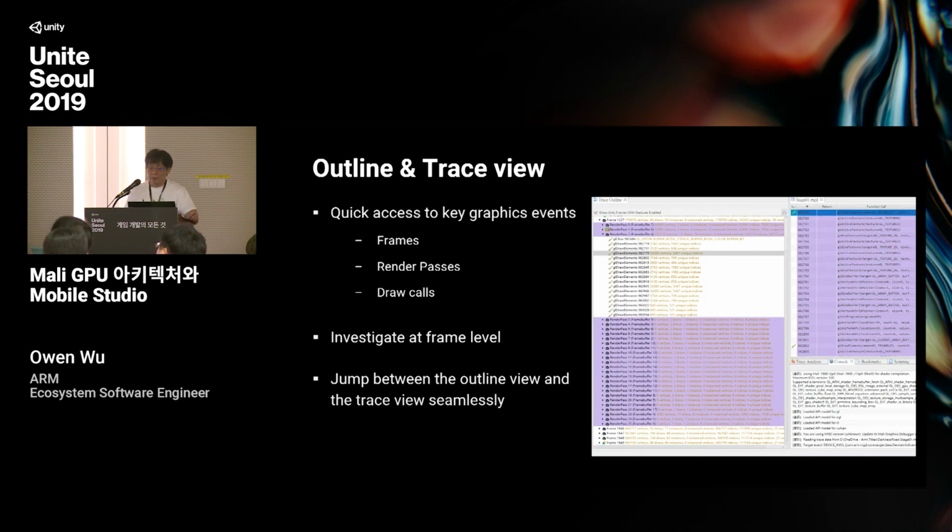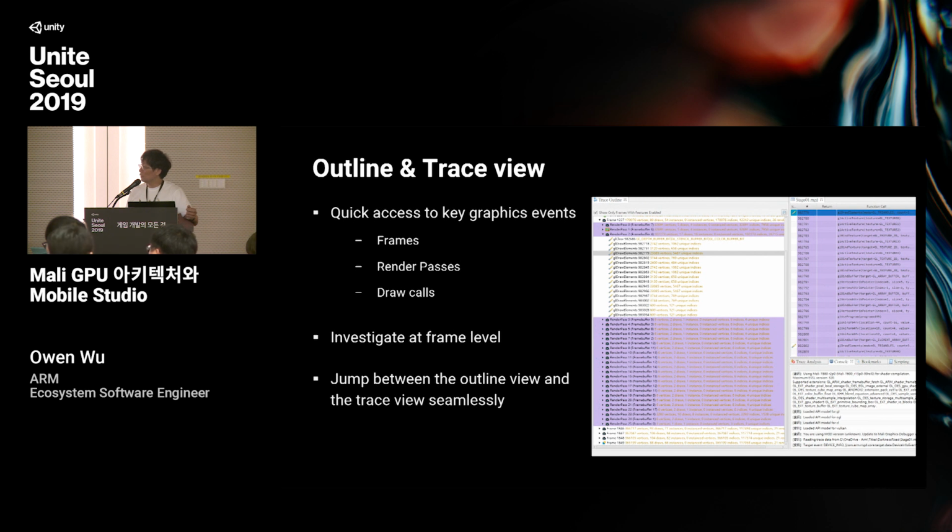Outline view shows all the frames and the draw calls that are rendered, like here. And it will show the render passes that actually happened in the driver, because when you write your code in OpenGL, you actually don't know how many render passes you will create. So you can see from here how many render passes your game has.